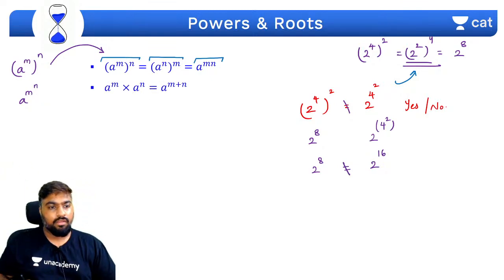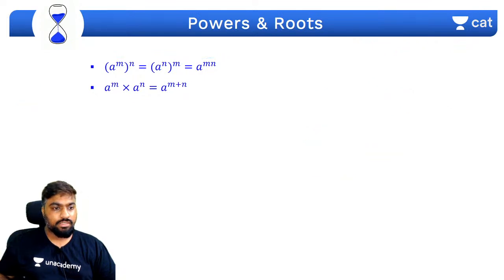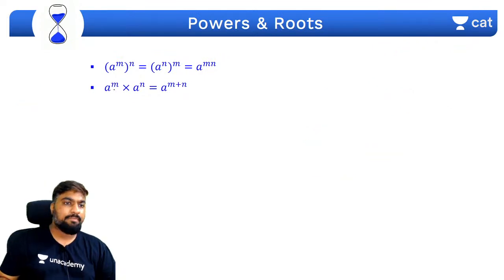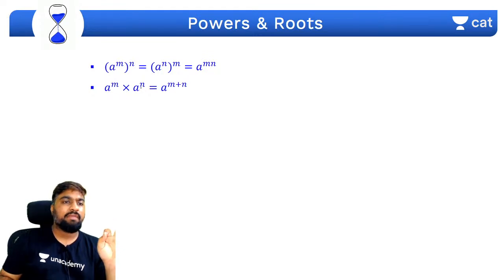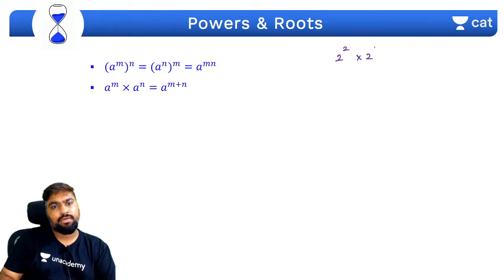Cool? Try this now. Look at this, a power m into a power n. Please don't confuse yourselves with this. This is a very common place where people get confused. Listen to this: a power m into a power n, 2 power 2 into 2 power 3, is not equal to 2 power 6.